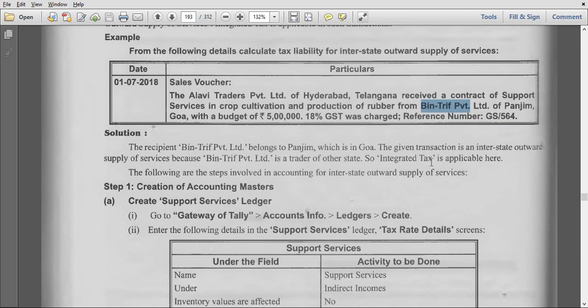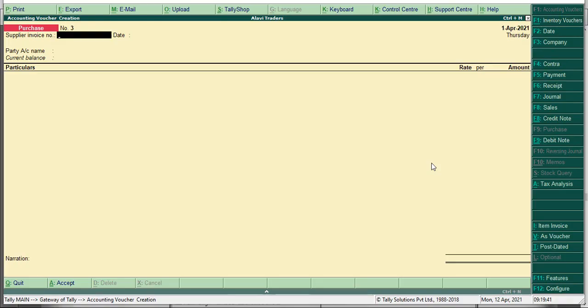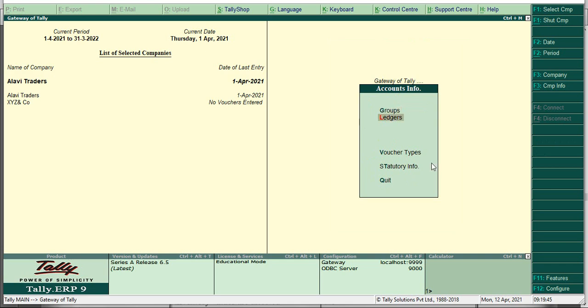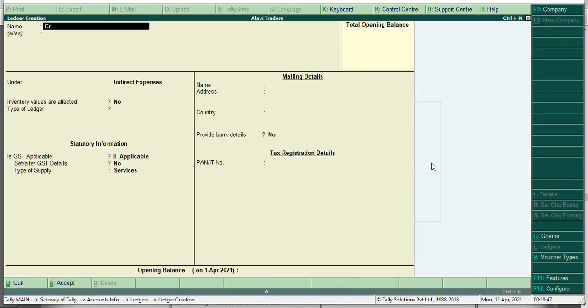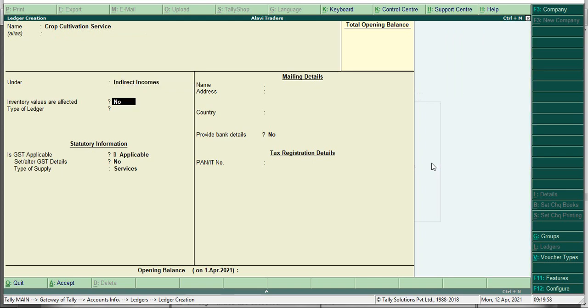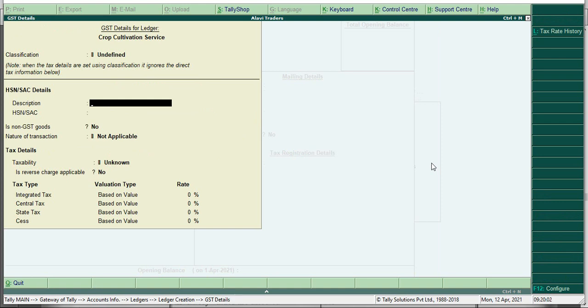So we go with crop cultivation ledger we have to create. Accounts info, ledger, create, crop cultivation services. It will be indirect income, applicable crop cultivation.